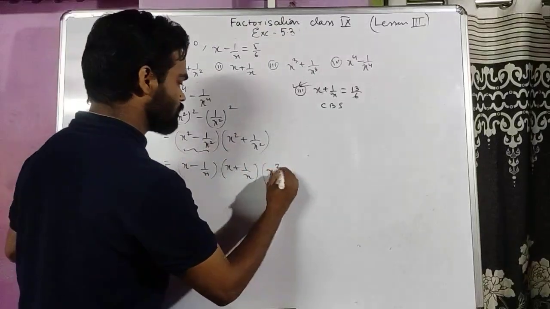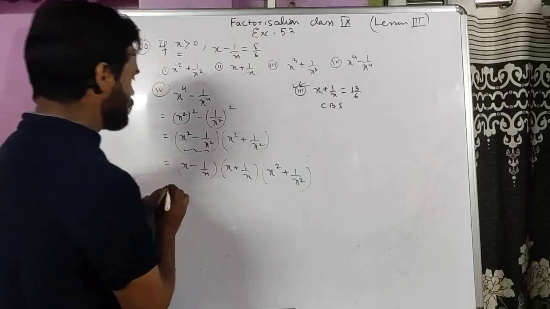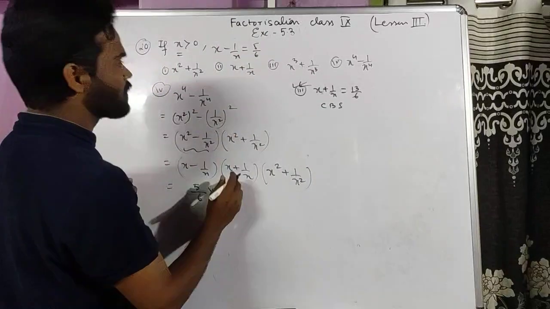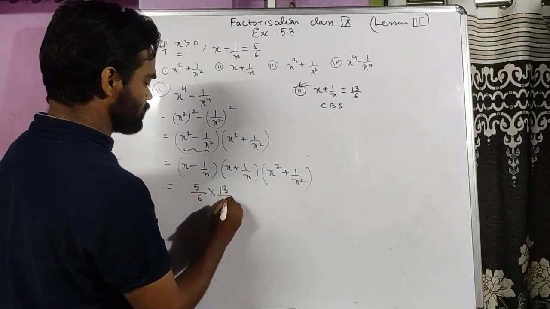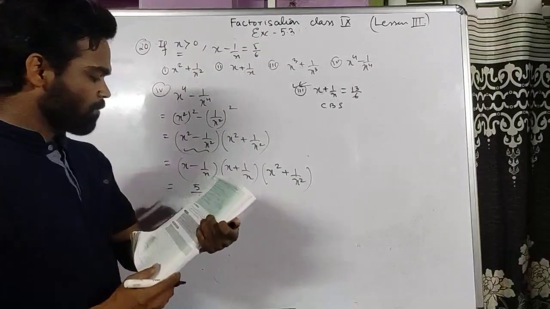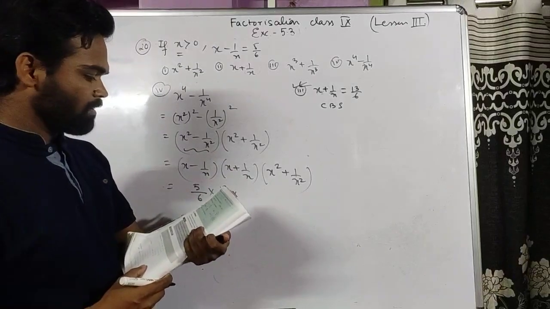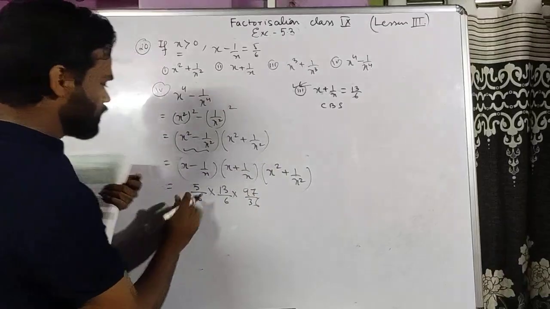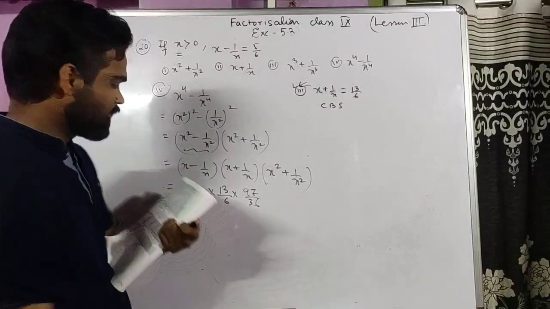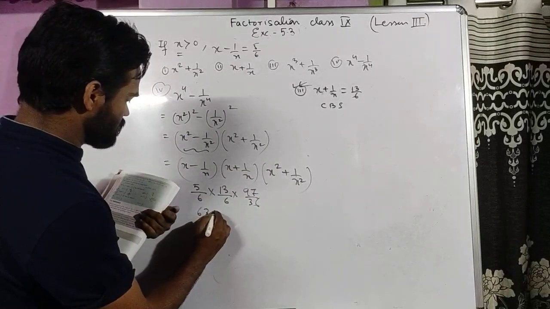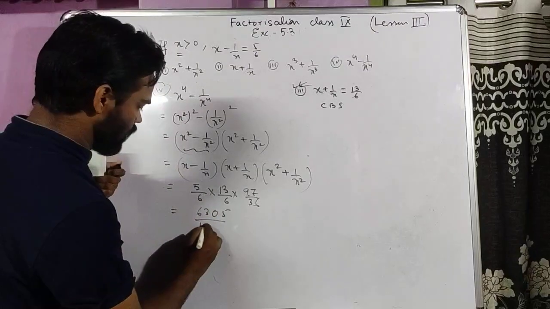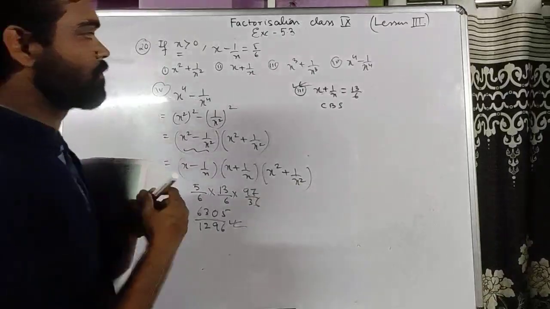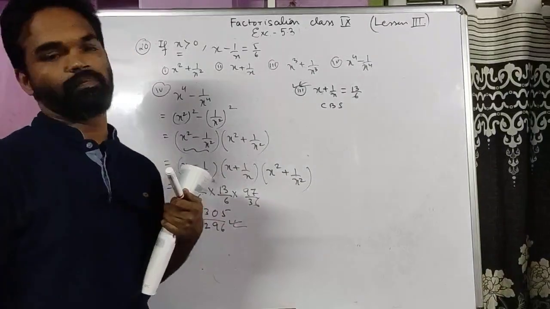This cannot be factorized. Now we know the value. X minus 1 by x is 5 by 6. X plus 1 by x is 13 by 6. And x square plus 1 by x square, we got 97 by 36. We need to just multiply all the terms and we'll get 36305 by 1296. So that's my final answer. Try this one on your own.